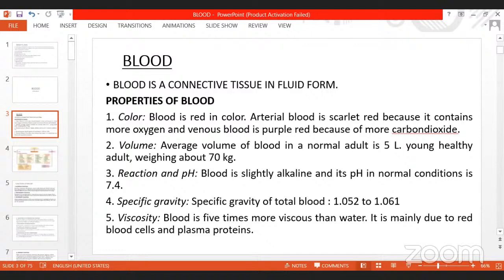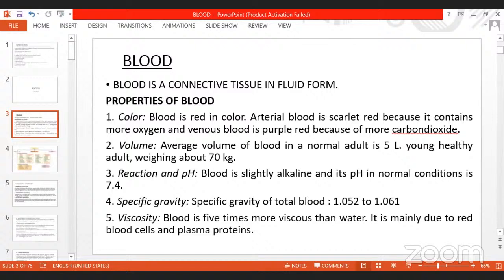And the volume, the average blood volume in a normal adult is around 5 liters. That is for a young healthy adult weighing 70 kilograms, and it varies according to the build of the person. And the reaction or pH of the blood is slightly alkaline, the pH in normal condition is 7.4.